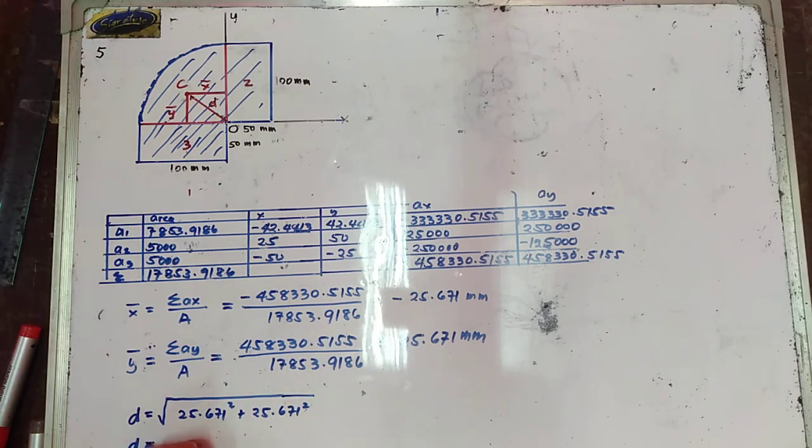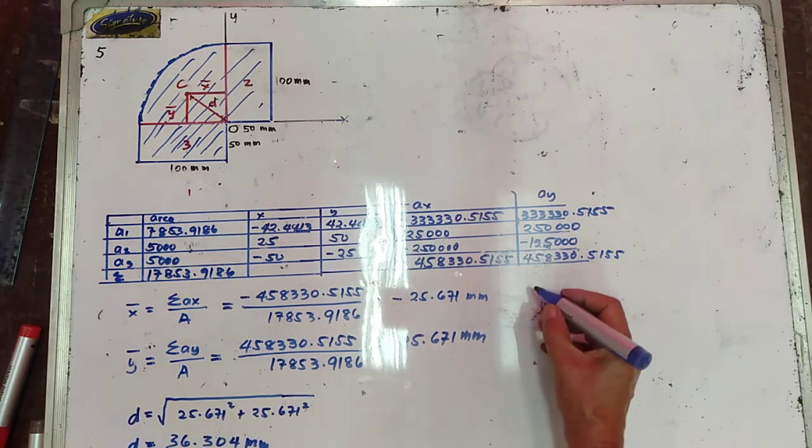So the value of D is equal to 36.304 millimeter.